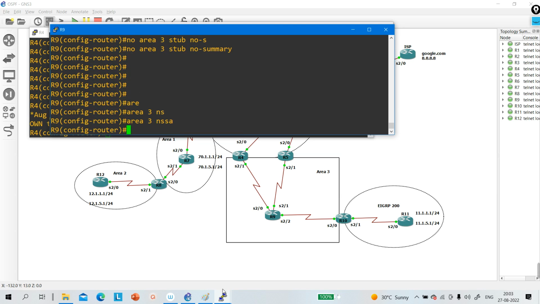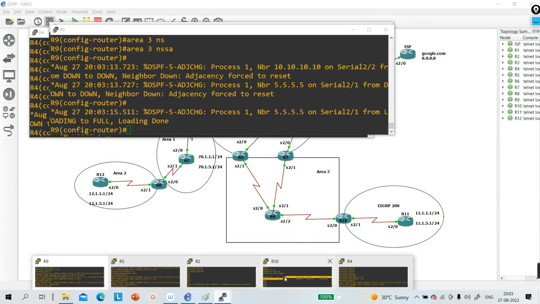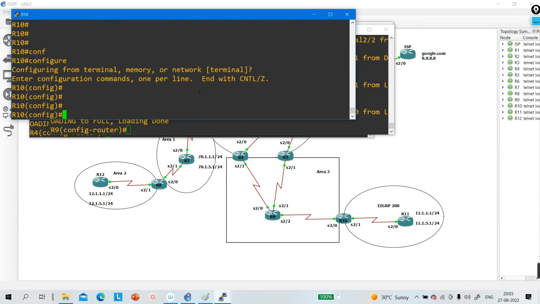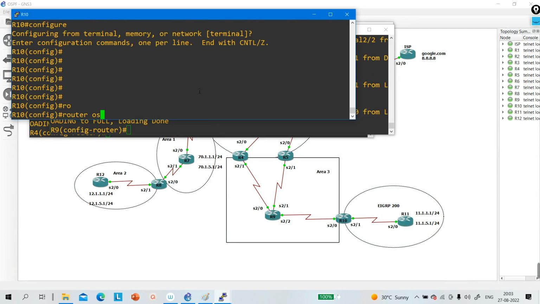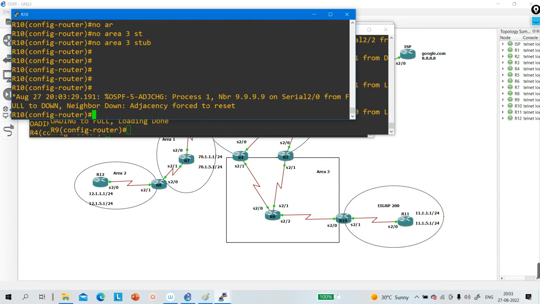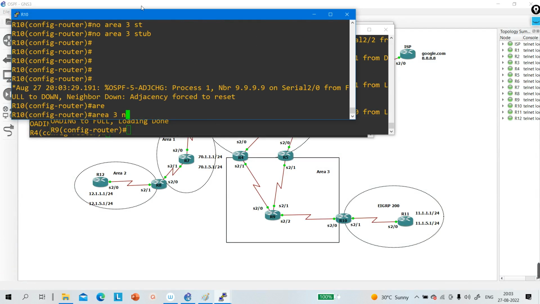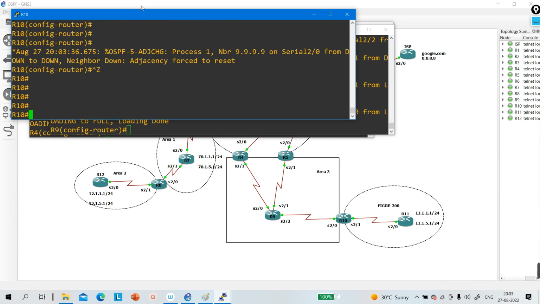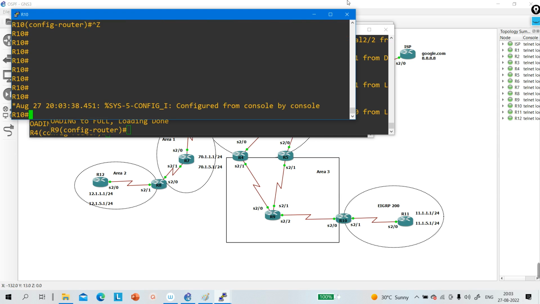Fine. Now go to router number 10, config t, router OSPF process ID 1, no area 3 is stub. Fine. Now guys, area 3 is NSSA, right? Now you can check the database of router 9.